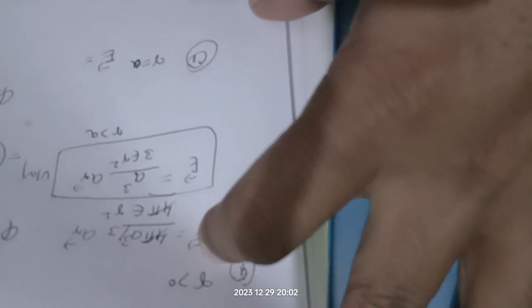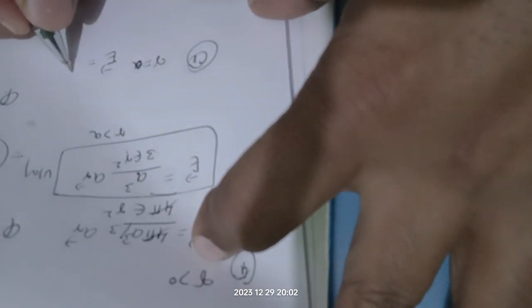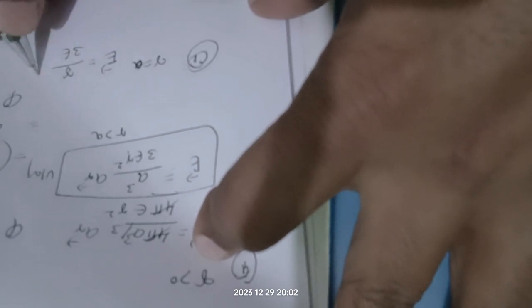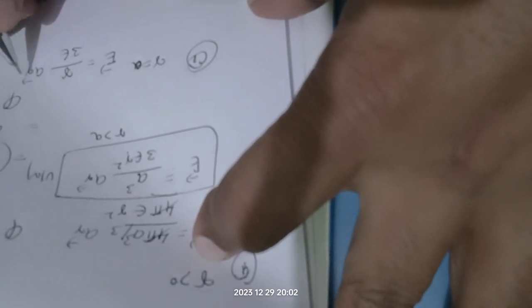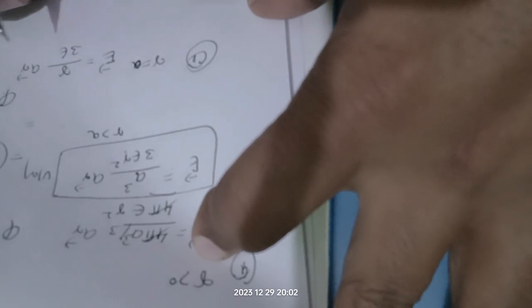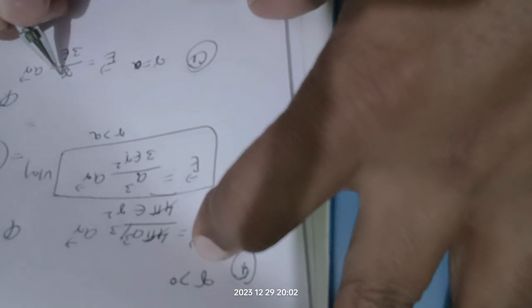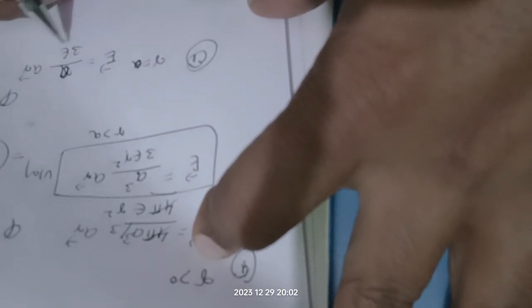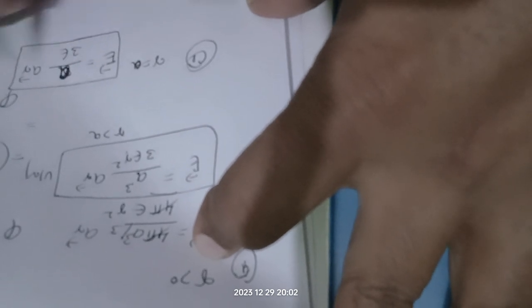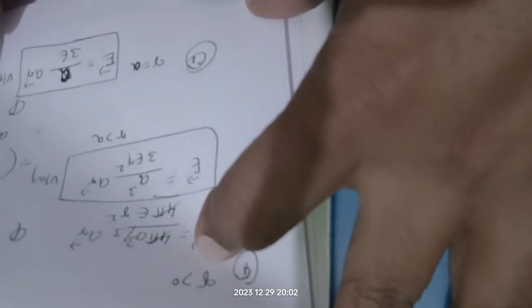You can write here r is nothing but a, so you will get r divided by 3 epsilon into ar, when r is equal to a. Okay, so you can write this as a divided by 3 epsilon ar when r is equal to a. This is volt per meter.